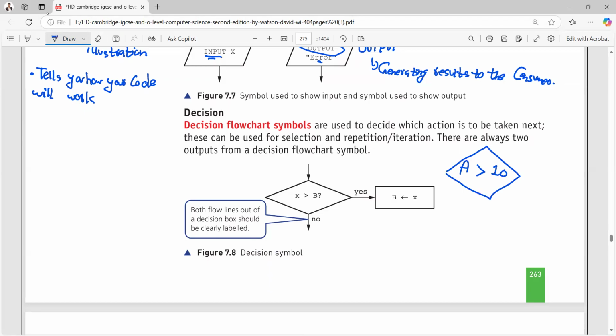If this value is greater than this, then you go right here. And if my value is not greater than 10, then I go here. Then you can join this. So if you want to make decisions based on your actions, you will be using this symbol. Okay.